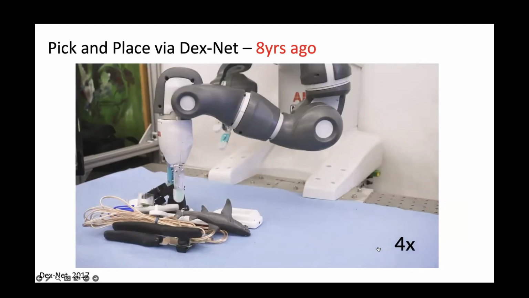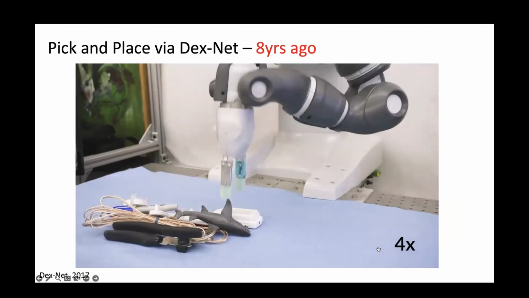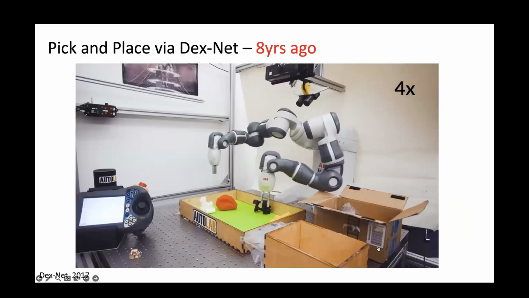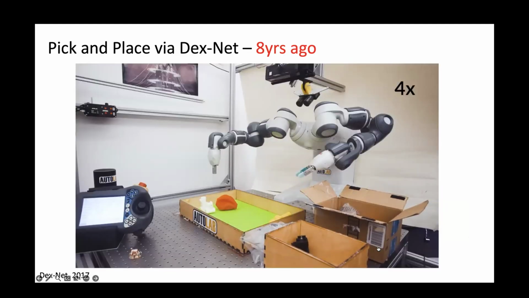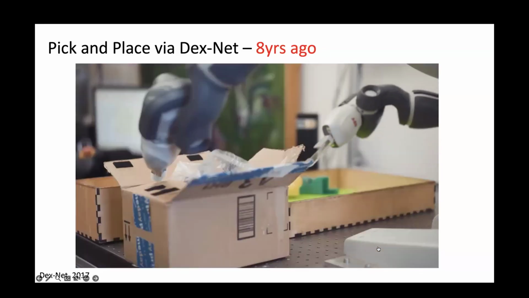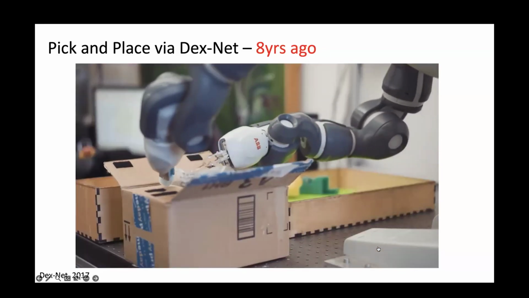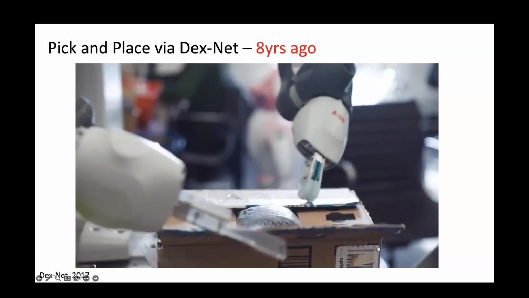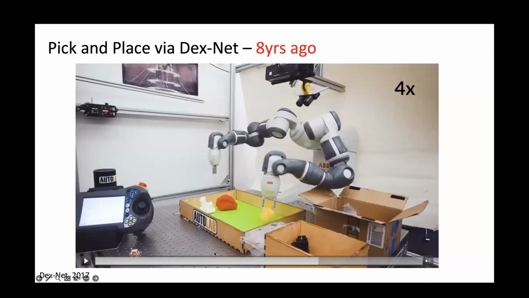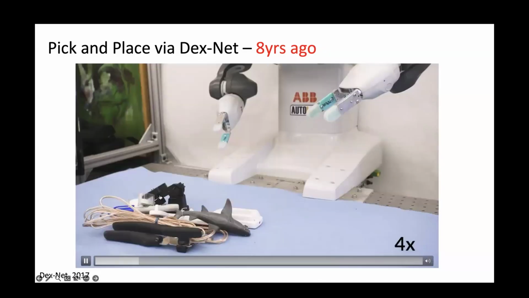This was done by 1 or 2 students on 1 or 2 GPUs, not at massive scale of teleop data collection, at small scale and done through simulation. And they could already do a bunch of complex tasks 8 years ago without having any fancy VLA in the pipeline. And you can see here cardboard folding to picking objects from clutter.